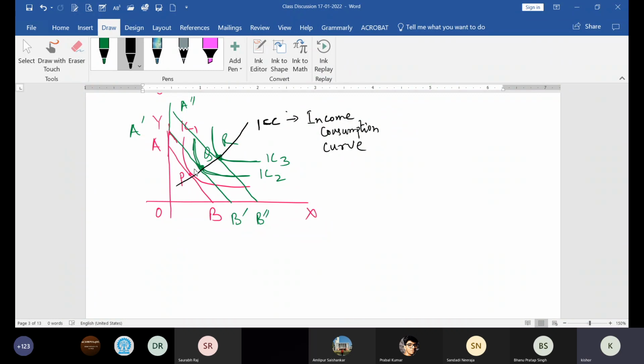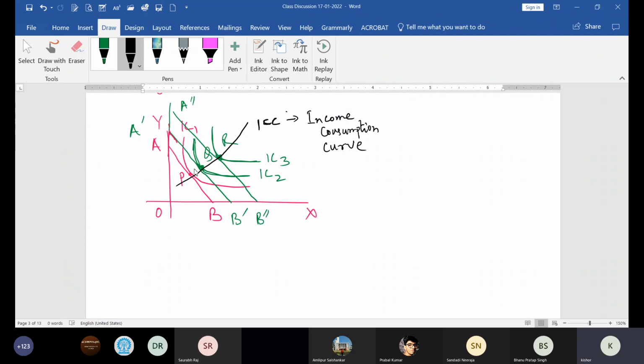That is purchased by a consumer at different levels of income, because your budget is changing and you are moving from P to Q, Q to R. So this P, Q, R represents different combinations of two commodities, or it is the locus of points of equilibrium that represents different combinations of two commodities a consumer purchases at different levels of his or her income.